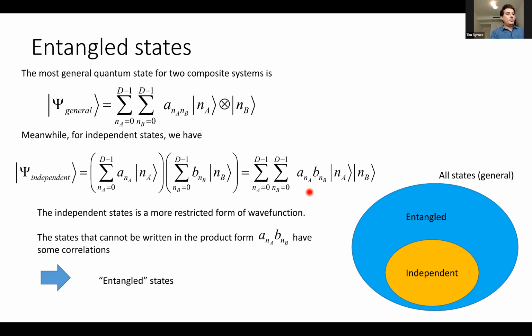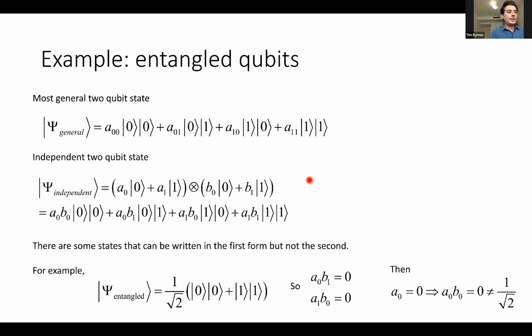Just go to the next page. The example would be something like this Bell state here, where we've got 0,0 plus 1,1.